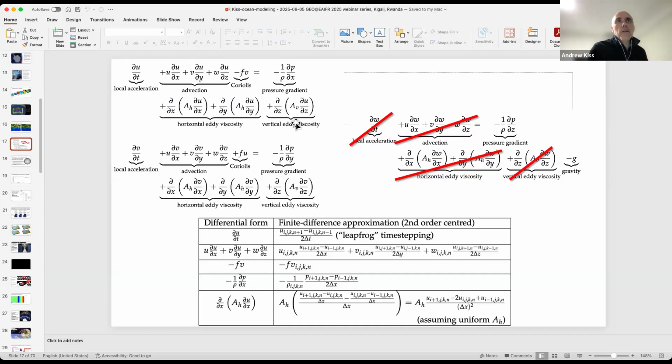So in practice, these things are included. The advection term, for example, is not so important on very large scales in the ocean, so it's often not dominant in very low resolution models. But when you get to high resolution, that becomes a really important term in those eddies, for example.